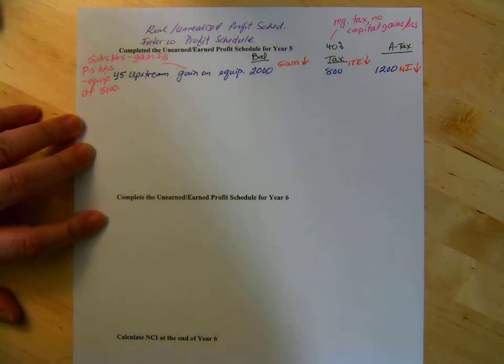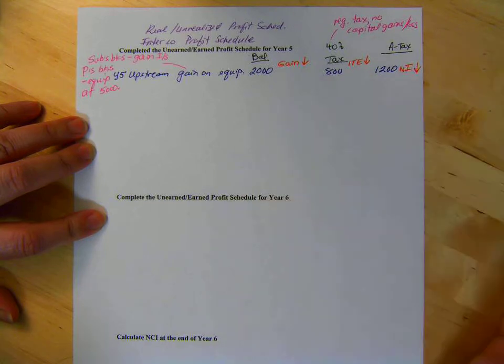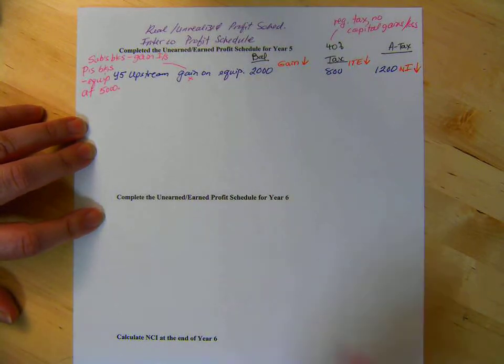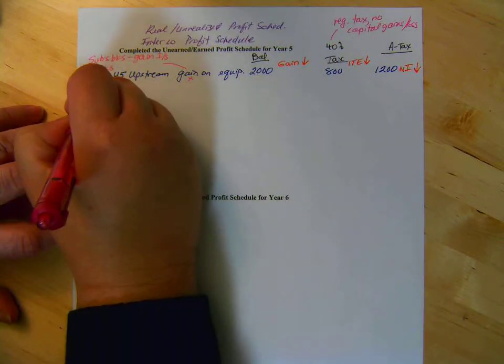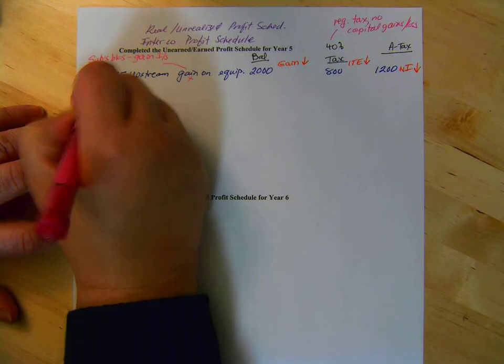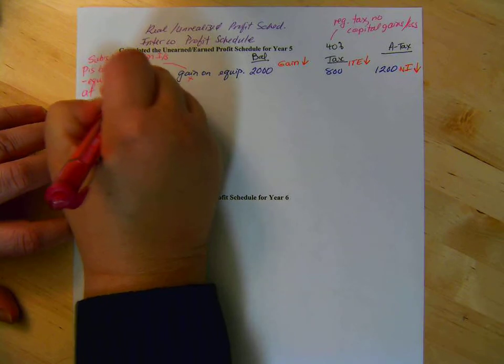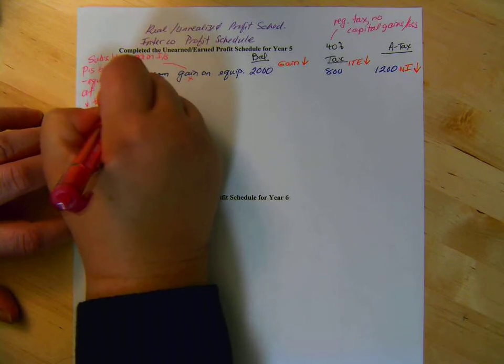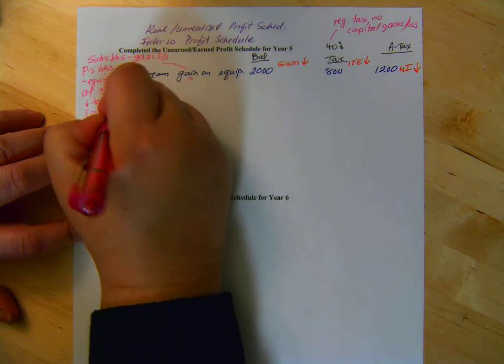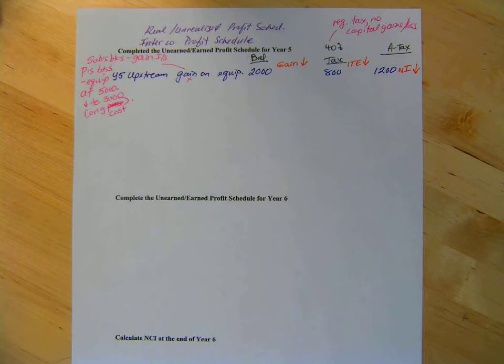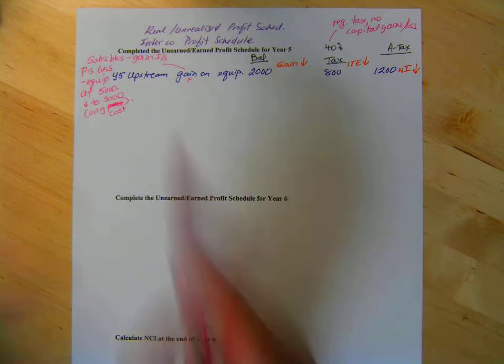So, if we're pretending this transaction didn't count, then we're not going to have a gain, right? We've got to get rid of the gain. We also have to decrease this down to the original price. Okay, when the sub bought it, brought it into the circle, the sub has a gain.